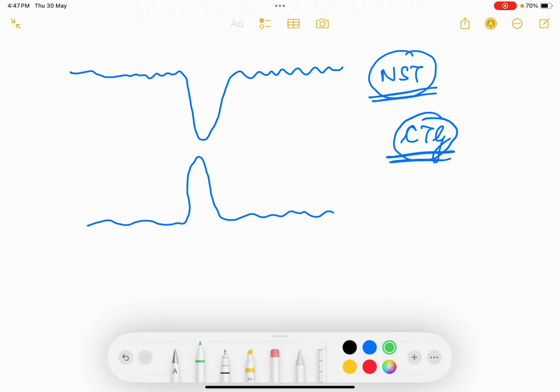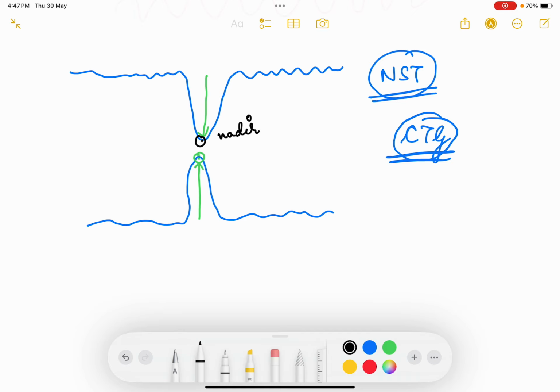If every time you have a deceleration, at the same time you have a contraction, that is the peak of the contraction is coinciding with the nadir of the deceleration. The nadir is the deepest part of a valley.